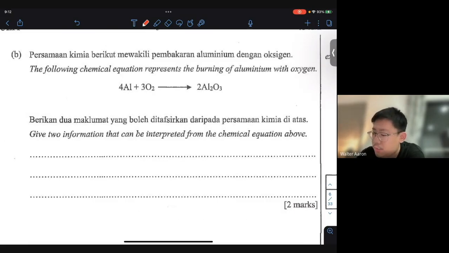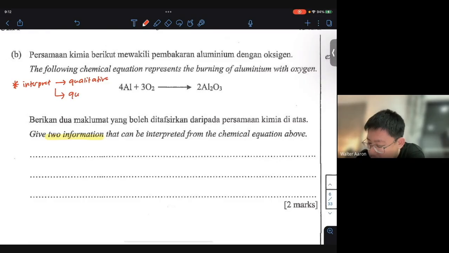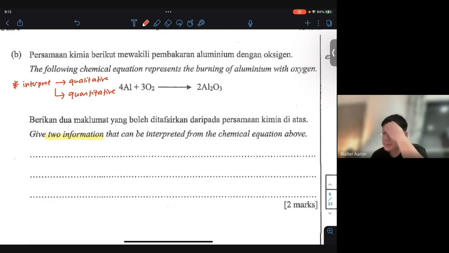When they talk about these two information, the first one is qualitative interpretation, and the other one is quantitative. What does that mean?